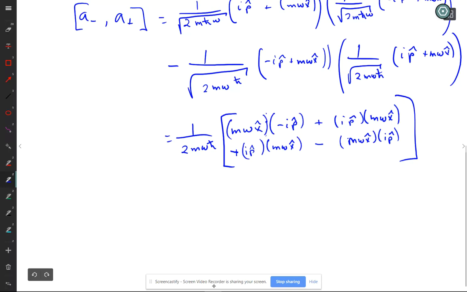So, making things as simple as possible, notice I have m omega in the numerator in every term and i in the numerator in every term. So I'm going to factor out an i m omega.